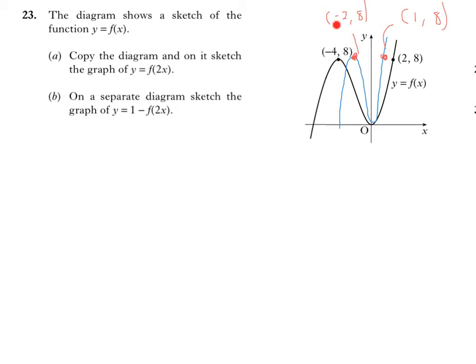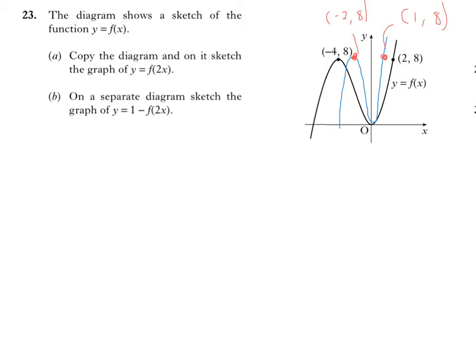Minus 4 gets compressed by a factor of 2 into minus 2, and 2 gets compressed by a factor of 2 into 1. There's no adjustment of the y-coordinates because the horizontal compression won't affect the height. 0, 0, well 0 compressed by a factor of 2 still gives me 0, so that still goes through the origin.